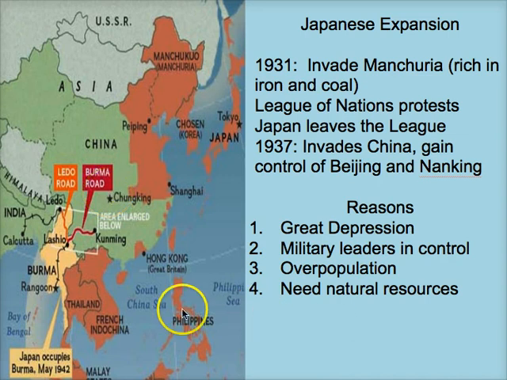And we've already discussed the reasons that Japan invades. So you're having the Asian War break out a little bit earlier than the European War, as a result of the need for Japan to expand, and Japan wanting to be an imperial power, doing exactly what the Europeans did.